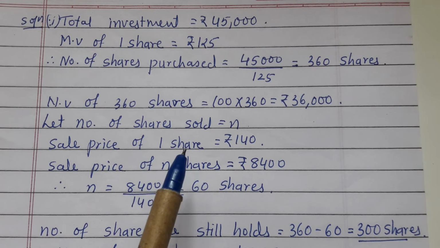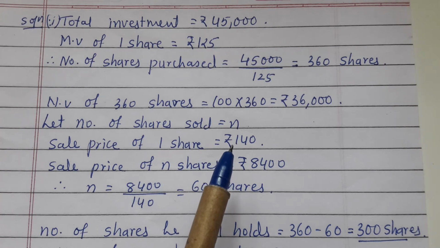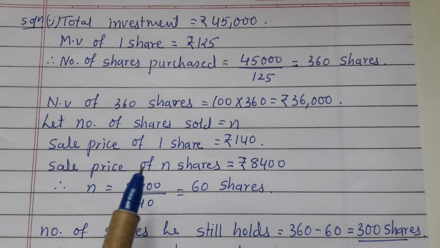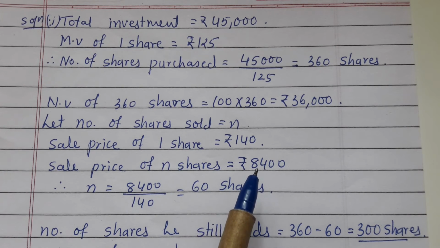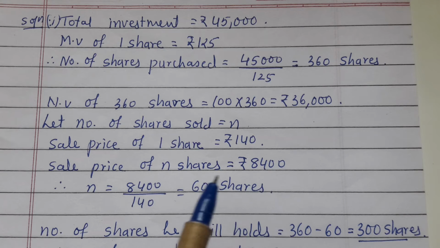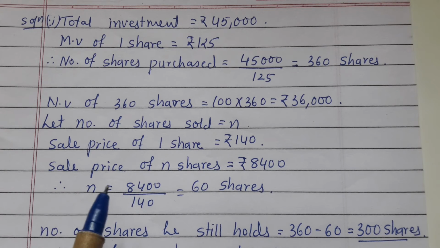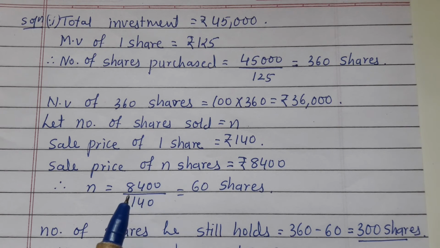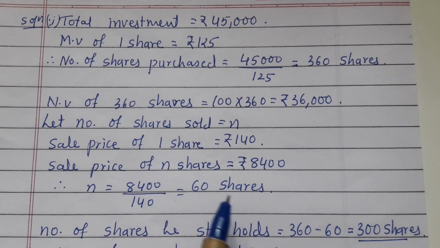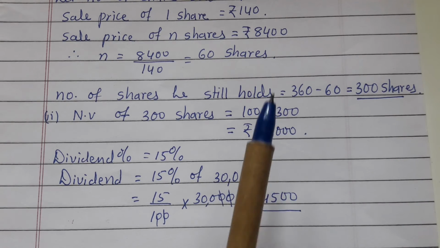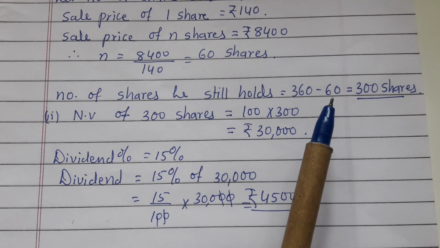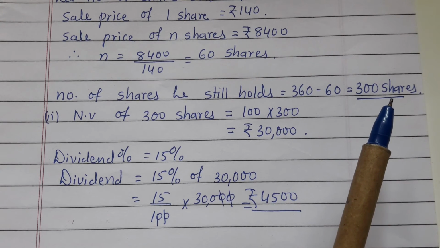Sale price of 1 share is rupees 140. Sale price for n shares is rupees 8,400. Therefore, n is equal to 8,400 upon 140, equal to 60 shares. Number of shares he still holds is 360 minus 60, equal to 300 shares.